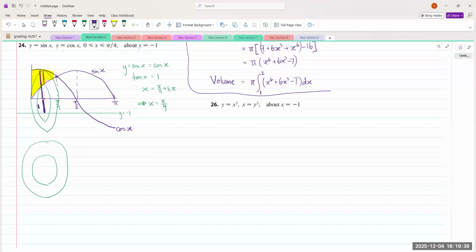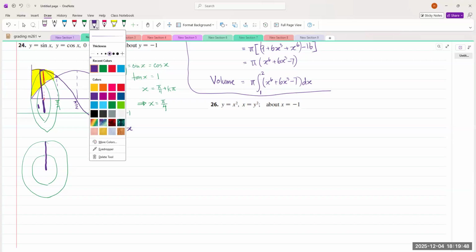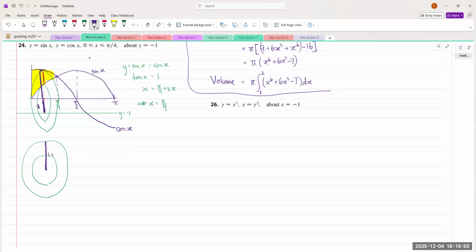For the bigger radius, I need to go that far, which is cosine x. I'm sorry, so the bigger radius is 1 plus cosine x, while the smaller radius is 1 plus sine x, right?